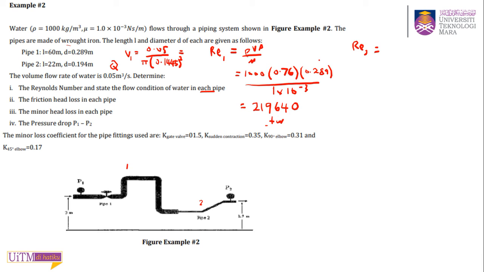Again, rho VD over mu. So rho 1000 times V. You need to find V2.